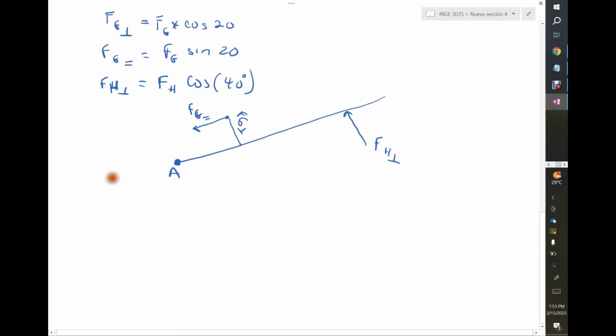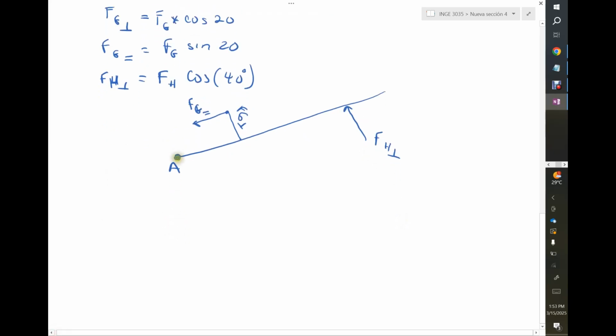With that said, I can take the moment here. Remember that here also, as part of the free body diagram, you also have this, like for example FAY, but you also have, let me draw this a little bit better, FAX, because you coordinate Y and X to make life easier.